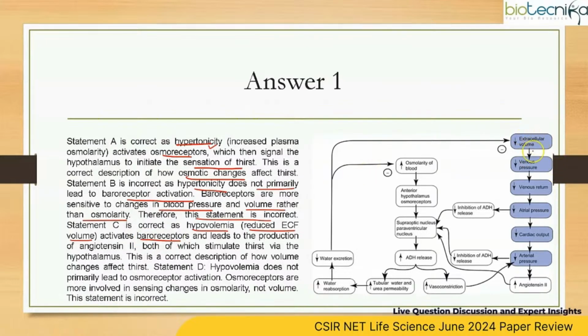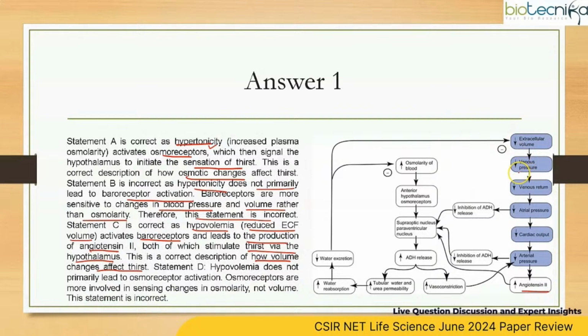If extracellular volume decreases, pressure changes occur, and as a result baroreceptors will get activated. That will lead to the production of angiotensin 2. If you follow this flow chart, angiotensin 2 levels will increase. Both of these will cause thirst via the hypothalamus. So C is correct. It is a correct description of how volume changes affect thirst.